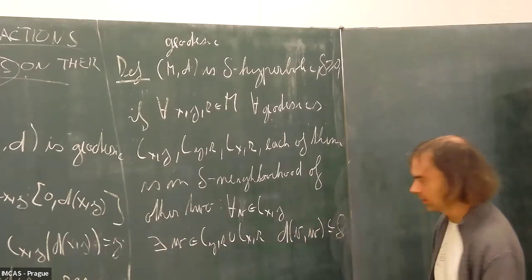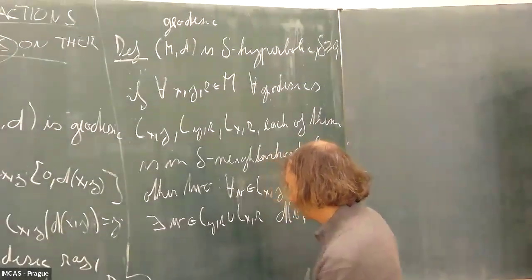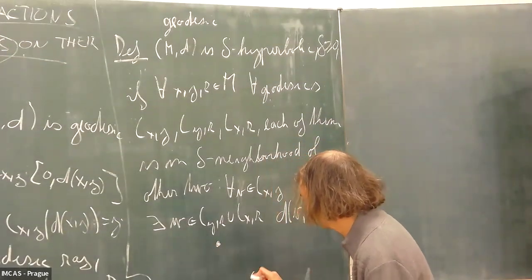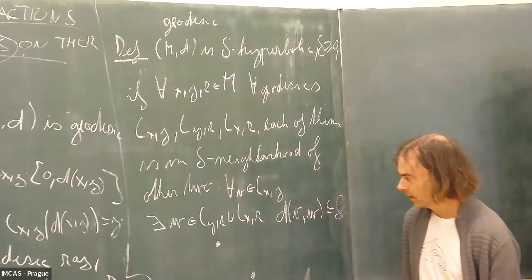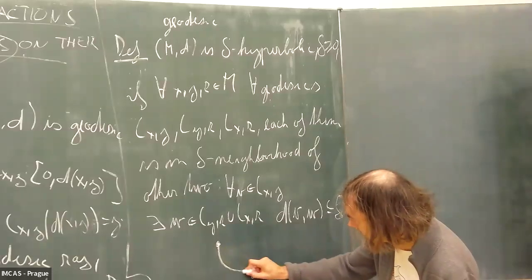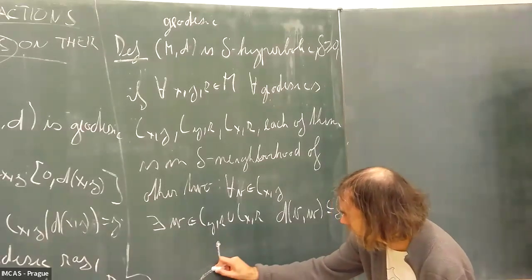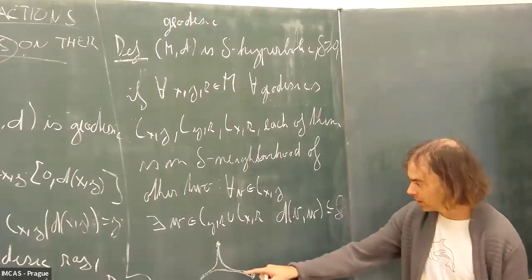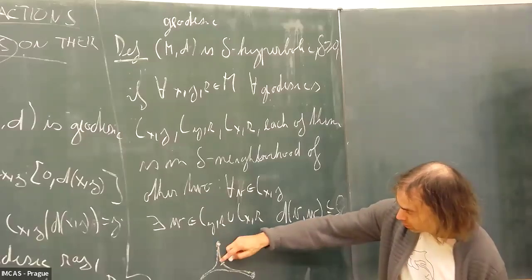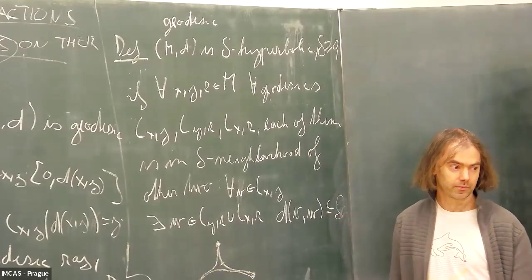I guess it's easier to demonstrate on a picture. So let me draw a picture. I take three points, and you can visualize the triangle, it looks something like this. Whenever you are on a point of a geodesic somewhere here, you are close to a point of the other two geodesics.